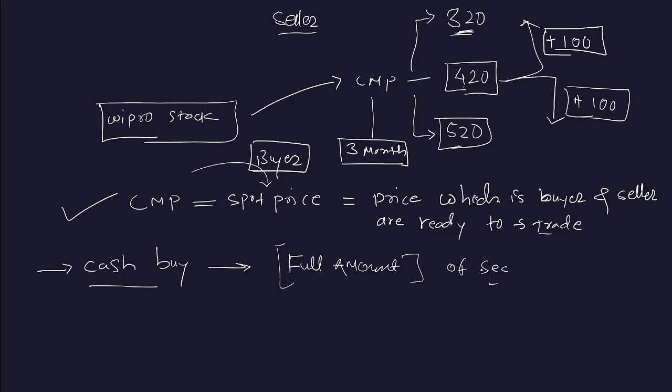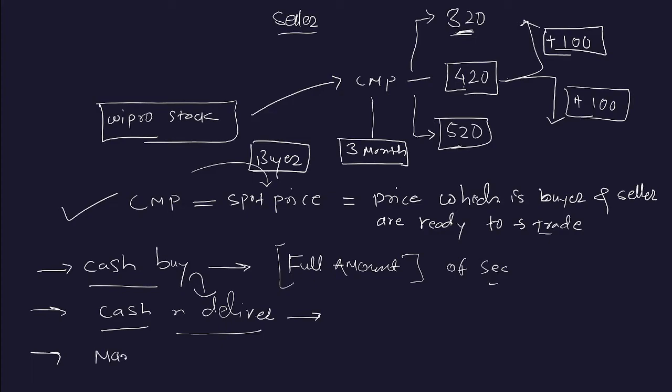That would be your cash buy. So in trading terms, we call this cash and delivery. Delivery means when you pay the cash, then delivery happens. Right? Yes, sir.